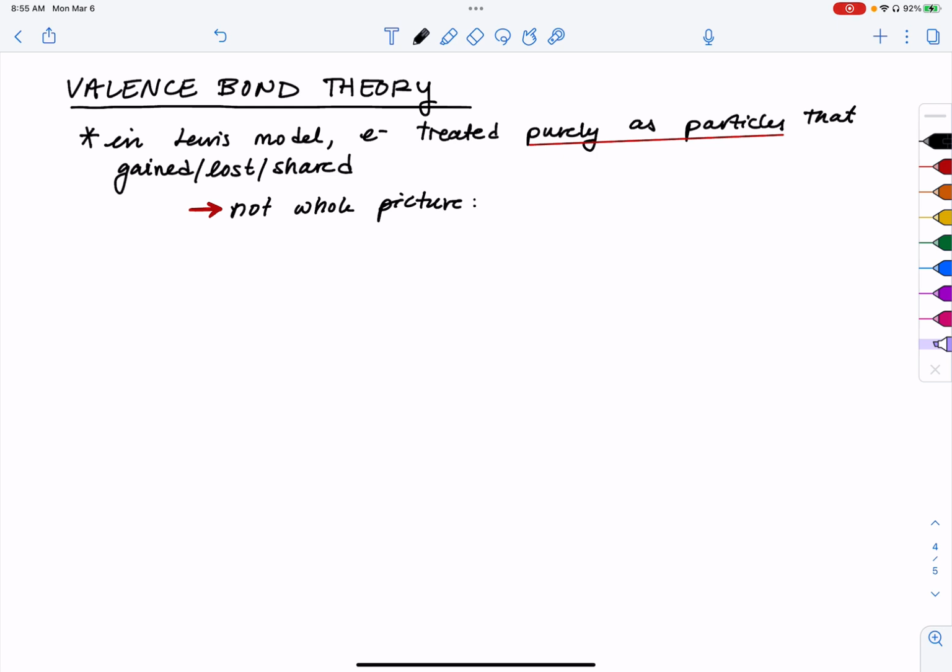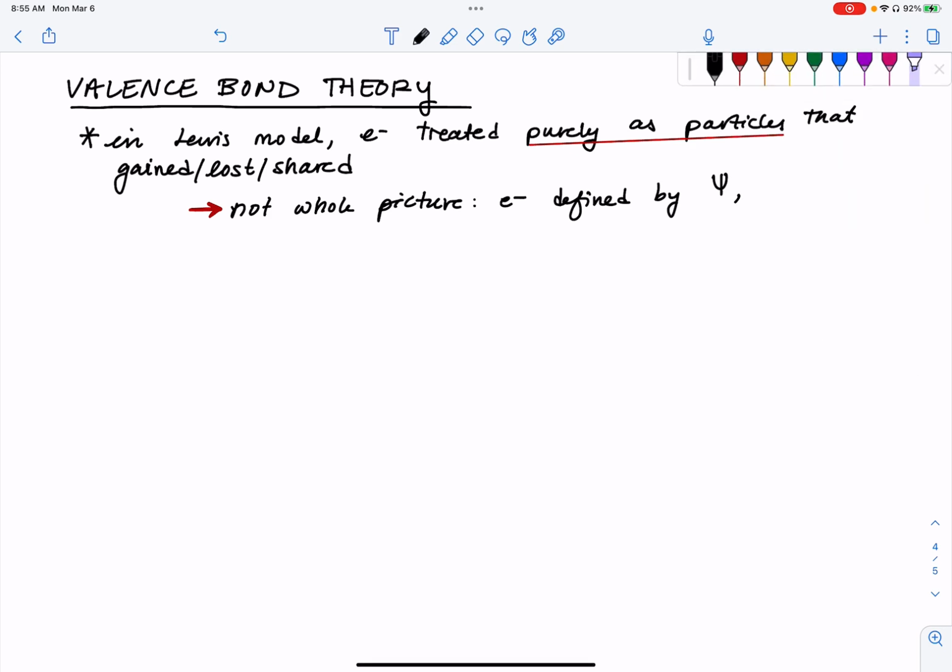What we know is more true about electrons is that electrons are defined by their wave function, and resulting from mathematics done on that wave function, like the Schrodinger wave equation and taking the square of psi and integrating it. Again, quantum mechanical math you don't need to know.